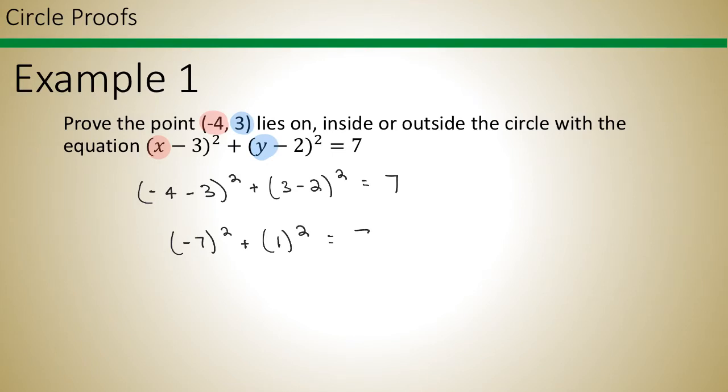If you add these two things together, you're going to get 50, and then 7. So what we know is that this number is not equal to 7, but it's actually greater than 7. So since it's greater than 7, this point is going to be outside the circle.